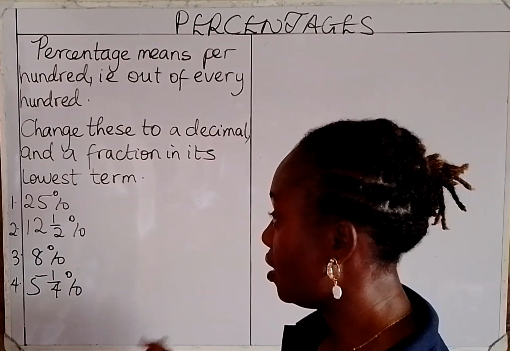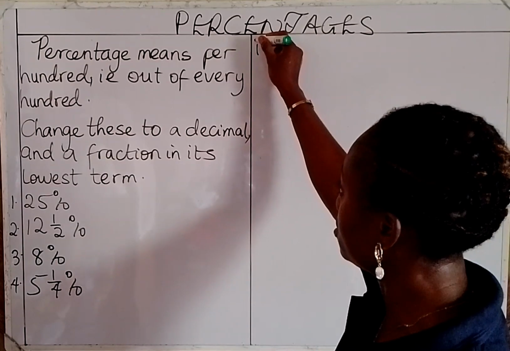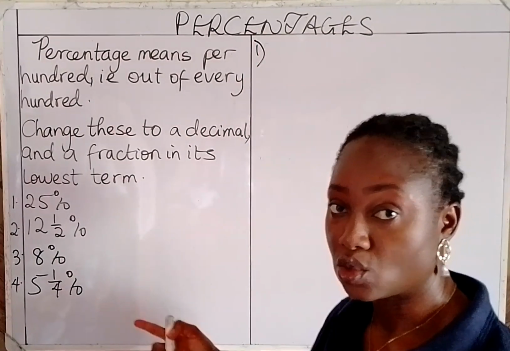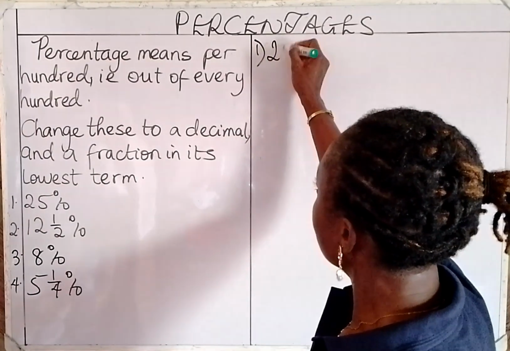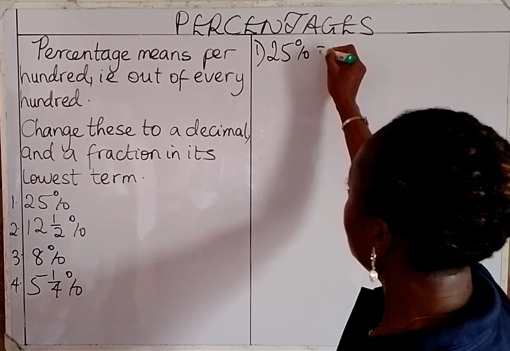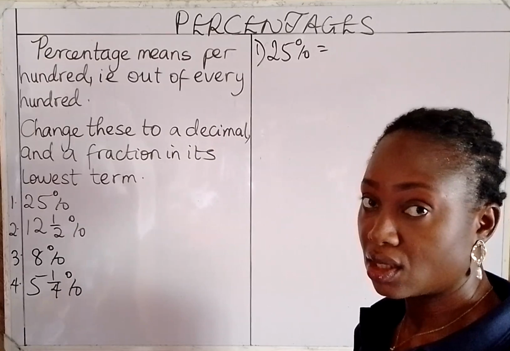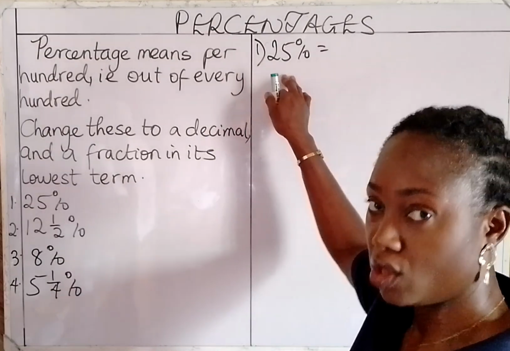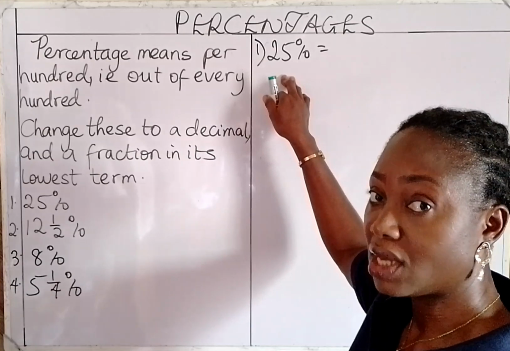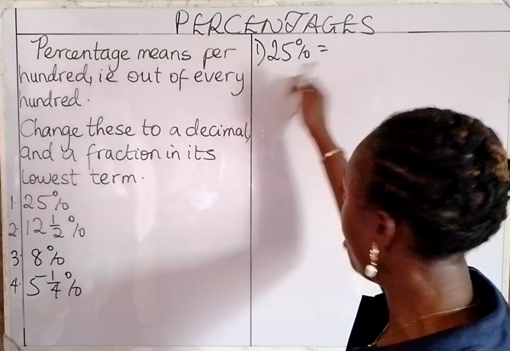Alright, the first question here, we have 25%. We want to convert 25% to decimal and also to fraction. So we have 25%. Now when you have a question like this, you should always know that you're supposed to divide the number by 100, because percentage simply means out of every 100.